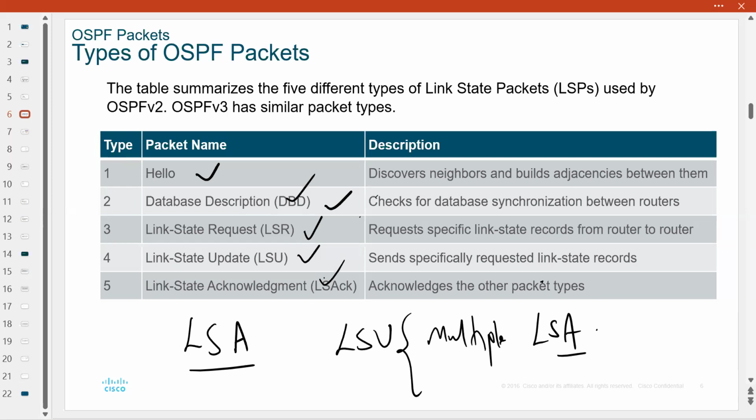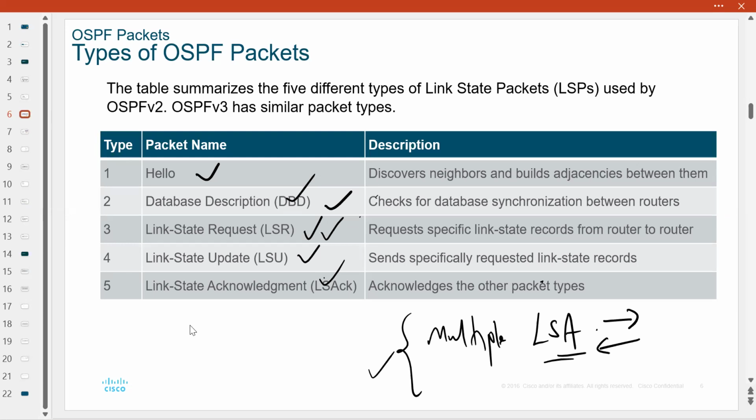To keep it much simpler, when you send a request, the response is the LSA, the link state advertisement. So a request for one network gets a response of an LSA. But if my responses are multiple, it is an update instead. We will look at LSA later. I just had to add that.